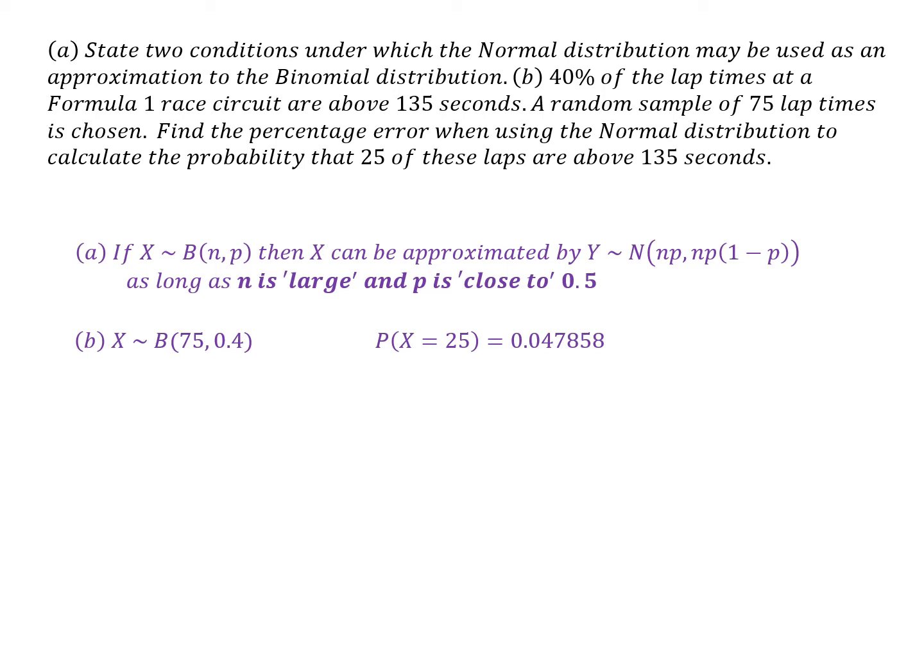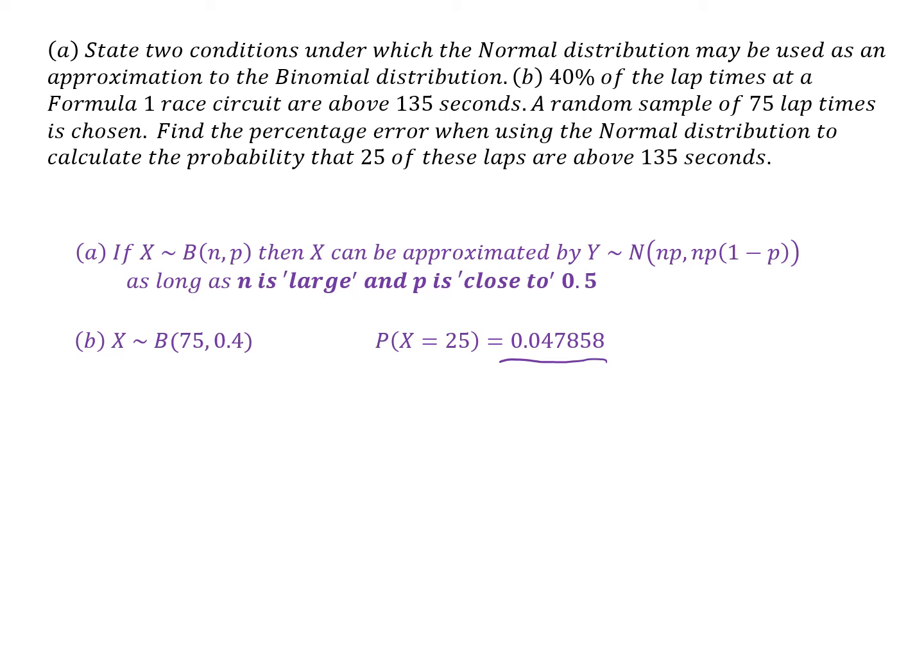So using a calculator gives us this probability, and I've written it down to 6 decimal places because we're looking at a percentage error. So we're looking at the difference between two fairly small numbers, so I want to make sure I get a reasonable degree of accuracy in my calculations later on. So that's the actual probability.